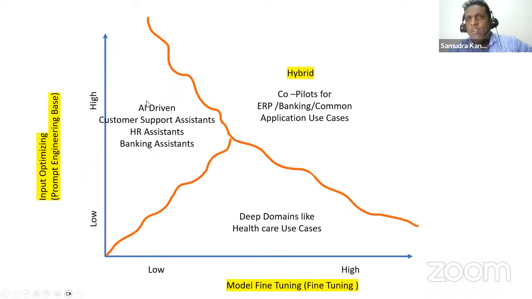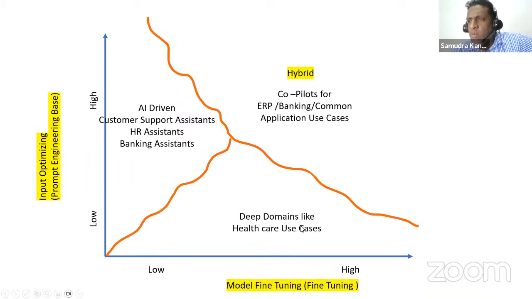So if you look at two different use cases, as I mentioned, one is where you play with your underlying neural network, and the other axis is prompt engineering, where you try to control your attention mechanism. Based on usage, from low to high, the use cases that are high with prompt engineering are things like HR bots and customer support assistants, which are more to do with prompt engineering based architectures.